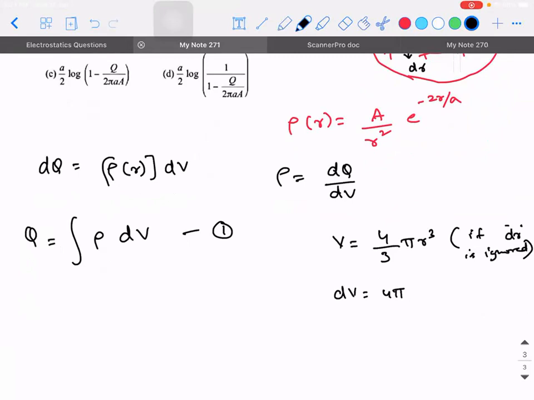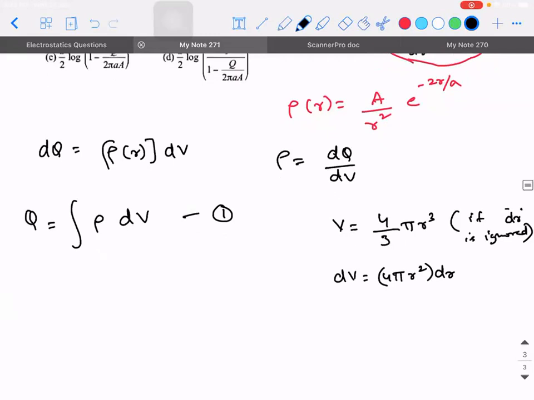Is it not 4 pi r square dr? This is one way of obtaining. This is the better way. You understood how I got that dV is equal to 4 pi r square dr? It is because I differentiated. Take this and substitute it here.